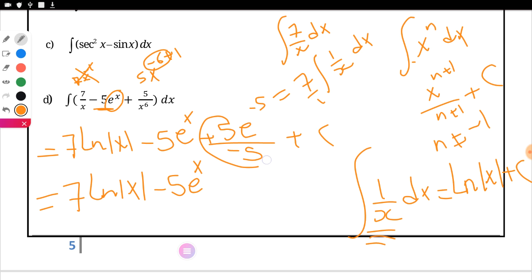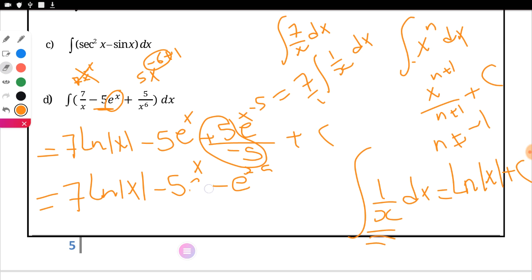Here negative 5, positive 5, it will be negative 1. I'm sorry, there is something not right here.